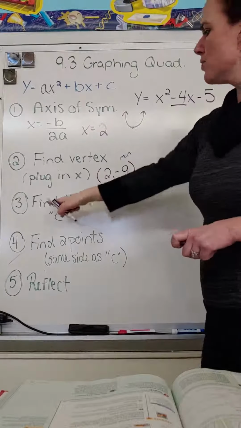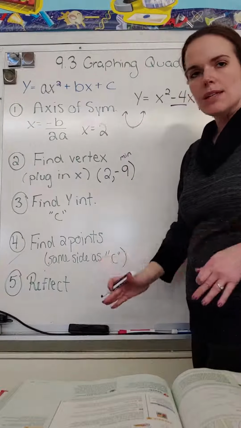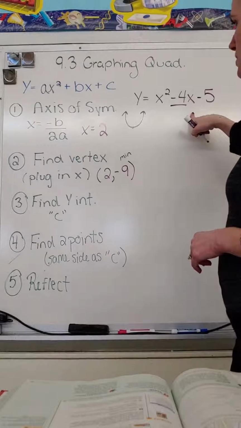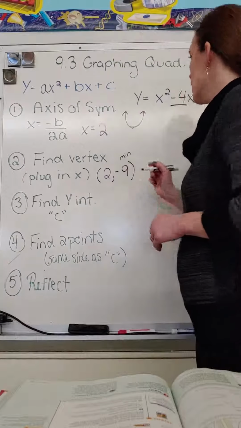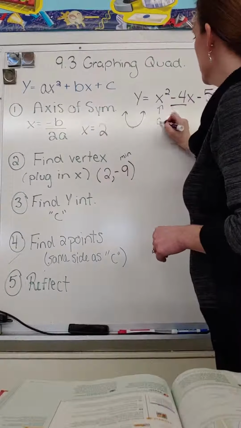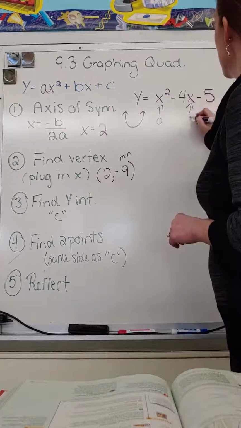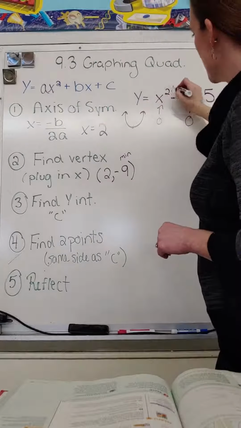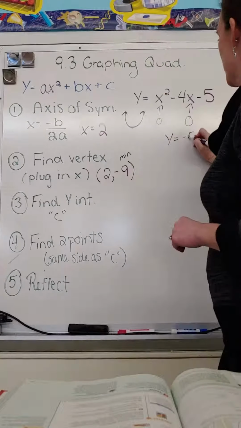And then you're going to find your y-intercept. Y-intercepts are the same thing they've always been. You basically make your x's zeros because you're trying to see where it crosses the y. So you plug a 0 in here, and you plug a 0 in here, and then this would all be 0, this would all be 0, and you have y equals negative 5.